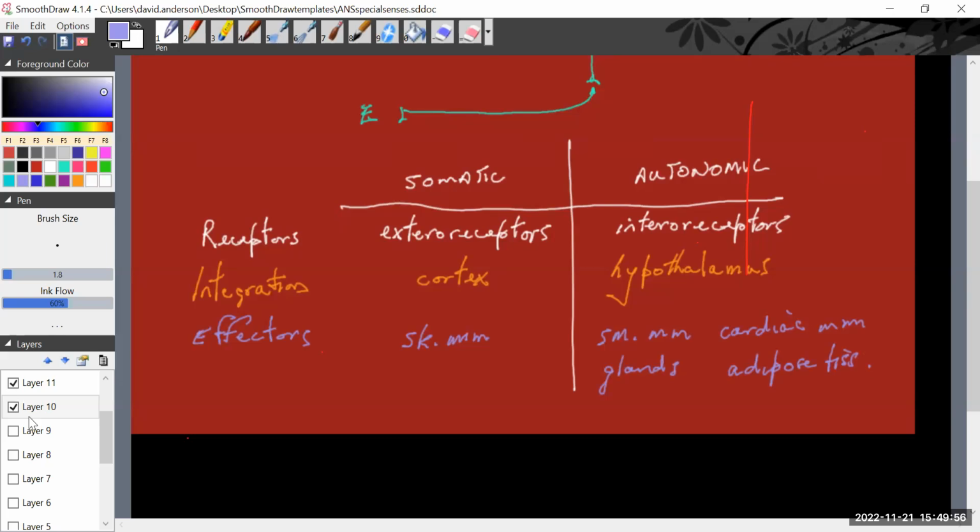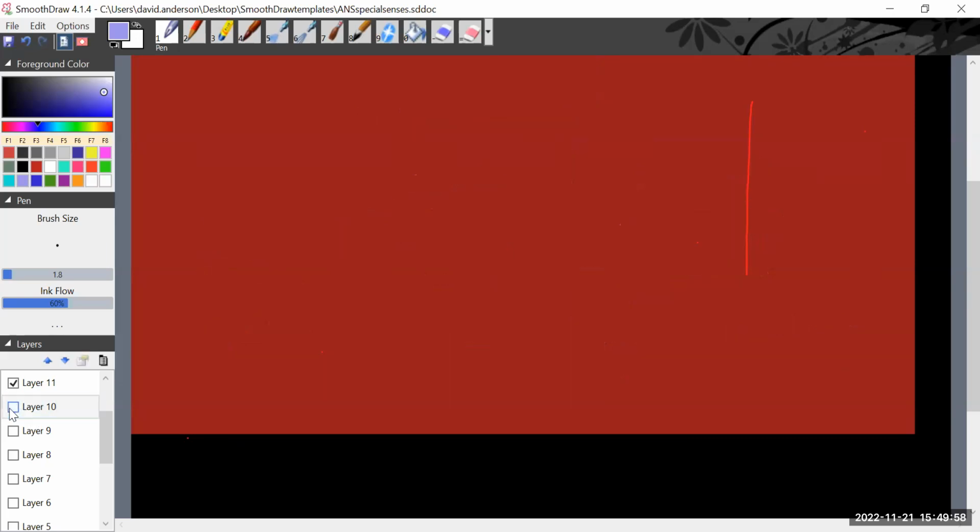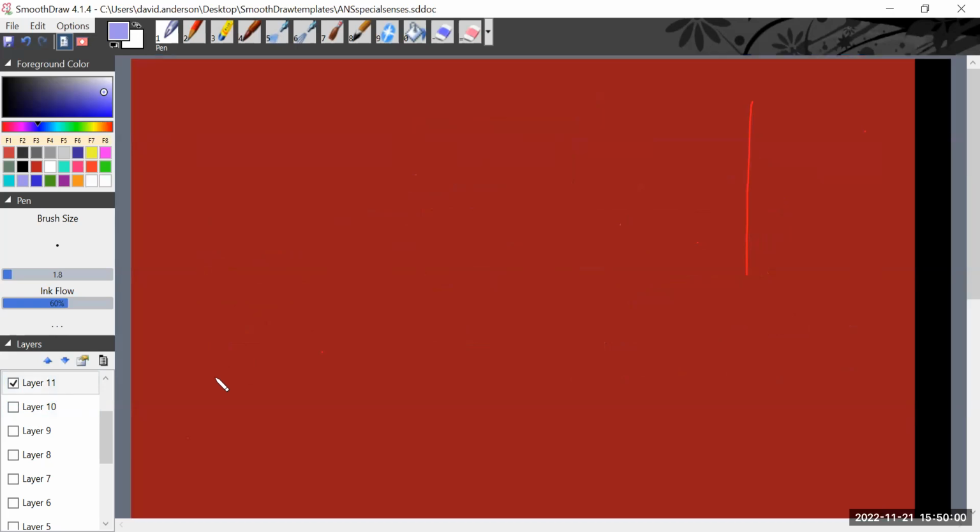Now, when we take a look at the autonomic nervous system, just to confuse you a little bit more, the autonomic nervous system itself is divided into two divisions. So we can abbreviate the autonomic nervous system as this. That's going to save me writing out autonomic nervous system every time.